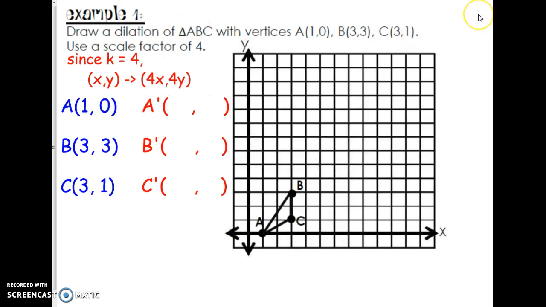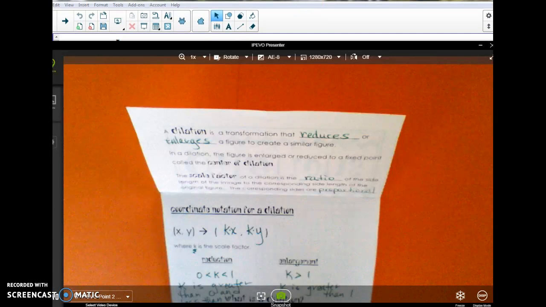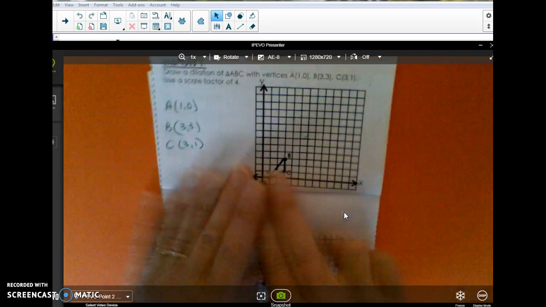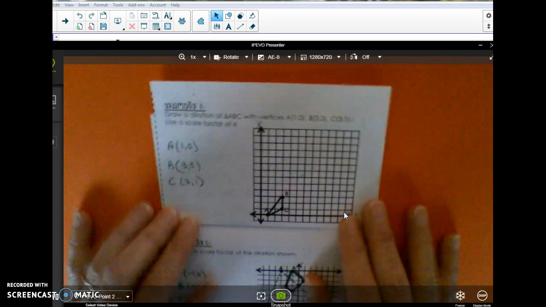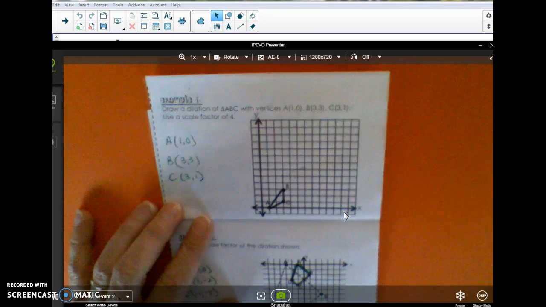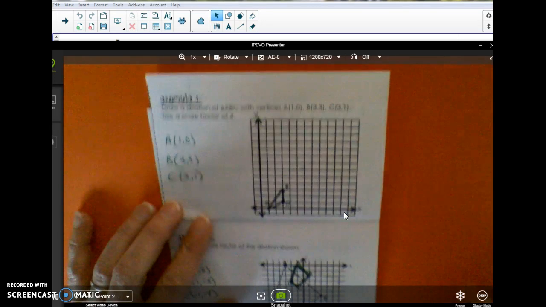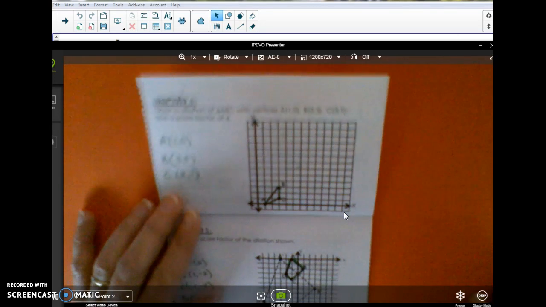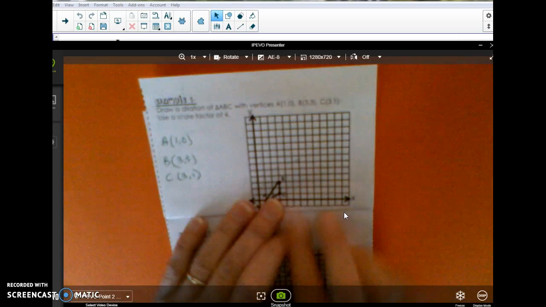Okay. So guys, your first problem that you're going to do if you pull up this next flap, all right, is you've got this image that somebody already drew for you. You're on this flap right here where it says example 1, right? What I always tell students to do is when you have to do a dilation, you really need to write down the coordinates.